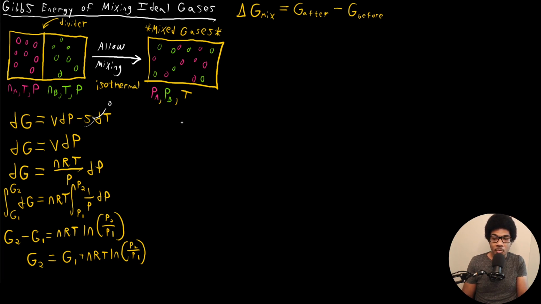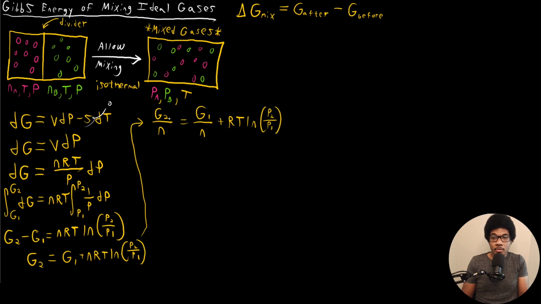Now, we can actually re-express this in terms of the chemical potential if we divide both sides by n, the number of moles. So on both sides we divide by n, and we have G2 over n equal to G1 over n, and then with that last term, the n's cancel out, so we're left with RT ln P2 over P1.